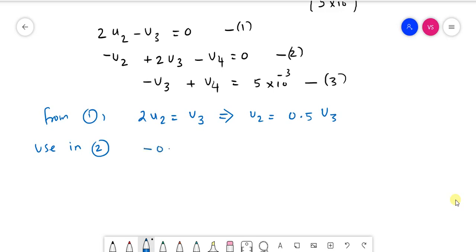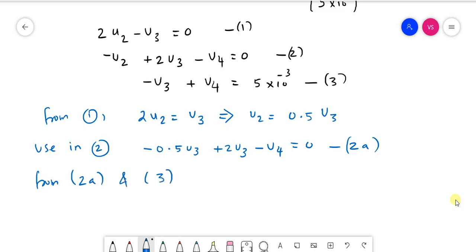So this becomes minus 0.5 u3 plus 2 u3 minus u4 equals to 0. So let us say this is 2a. Now we have two equations from 2a and 3.